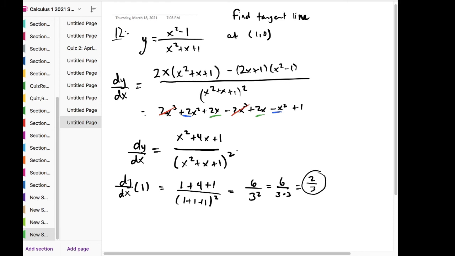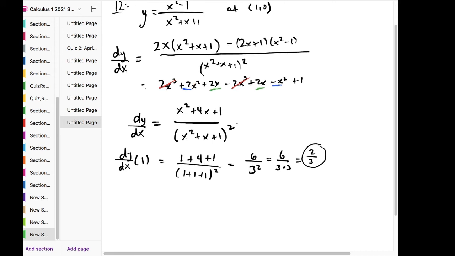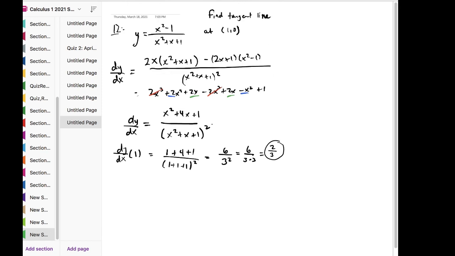You don't need to simplify. If there was a separate question of what's a derivative, then you would probably want to simplify, but no, you don't need to. Yeah, so 2/3.